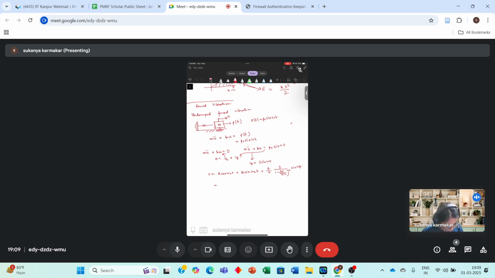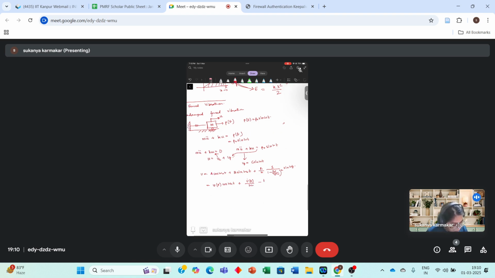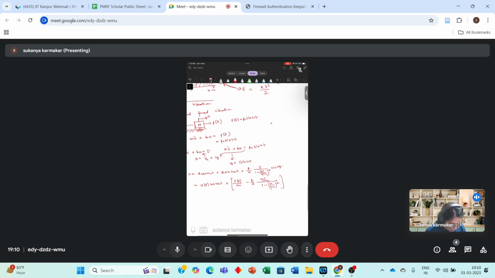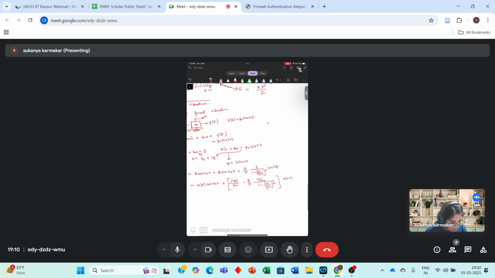So finally, you will get the solution of the form u0 cos of omega n t plus, u0 dot by omega n minus p naught by k, omega by omega n, by 1 minus omega by omega n whole square, this is the entire b term, sine of omega n t, plus p naught by k, 1 by 1 minus omega by omega n whole square, sine of omega t.